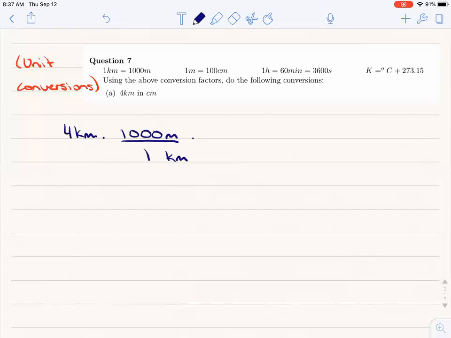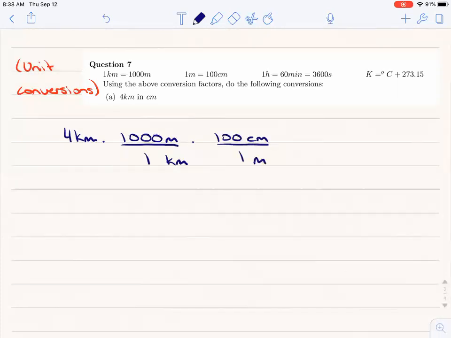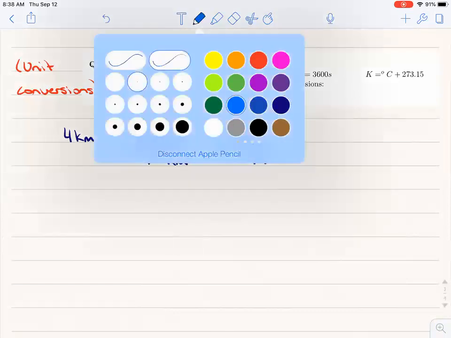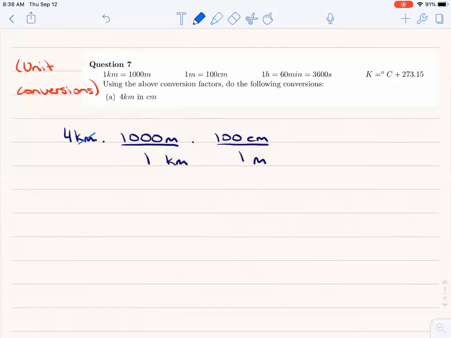But then you want centimeters, and you know that there's 100 centimeters per 1 meter. I'll use a different color here. This kilometer is going to cancel with that kilometer, so now you're in meters. This meter cancels with this meter, and now you're in centimeters.